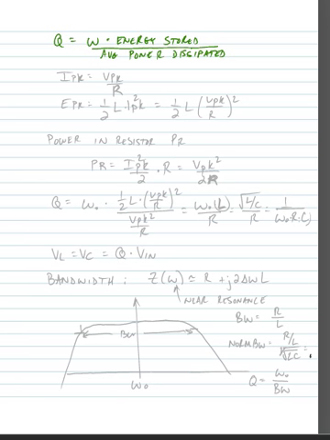Okay, at resonance, when the voltage reaches its peak, the current I peak is equal to V peak divided by whatever our resistance is. So all of our energy will be stored in the inductor, and we'll have 0 energy stored in the capacitor.